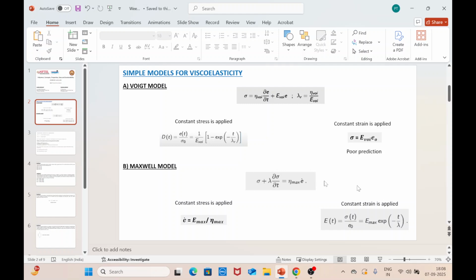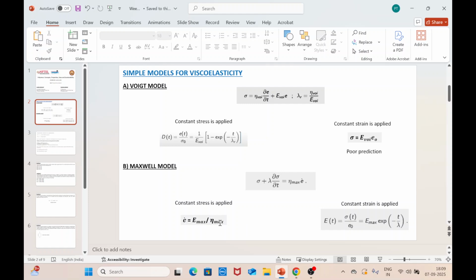Whereas if you take Maxwell's model, if a constant strain is applied, then you are going to get the modulus as a function of time. That is something that we want. But if you apply a constant stress, then you typically get the strain rate as E max by eta max.